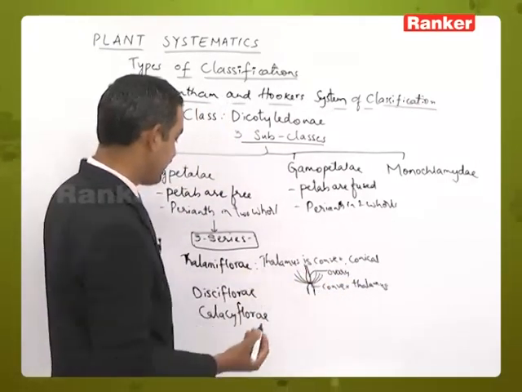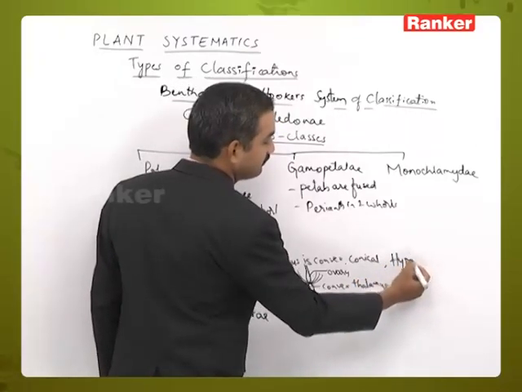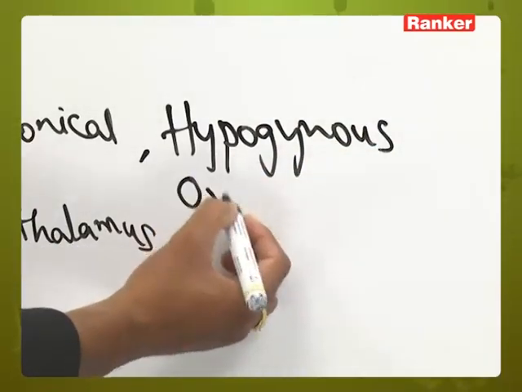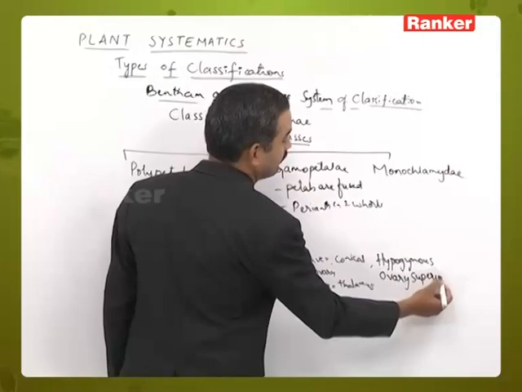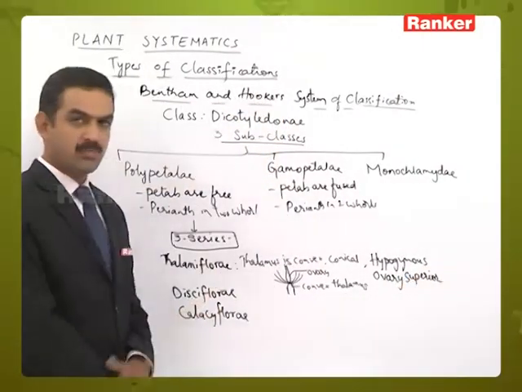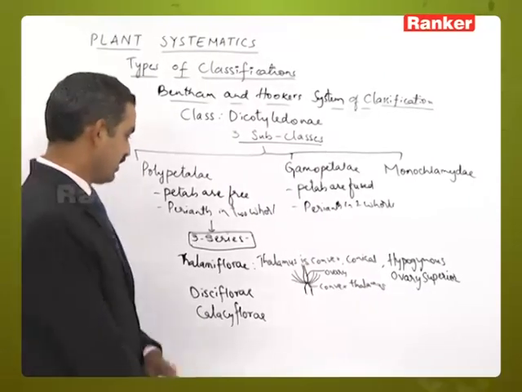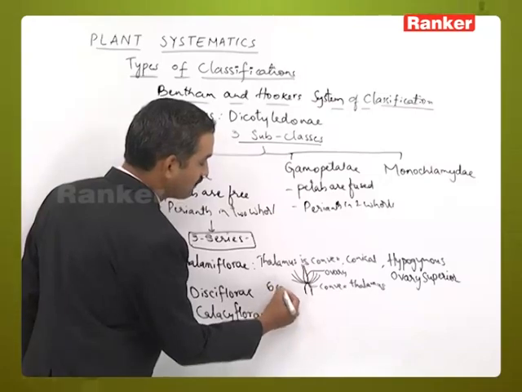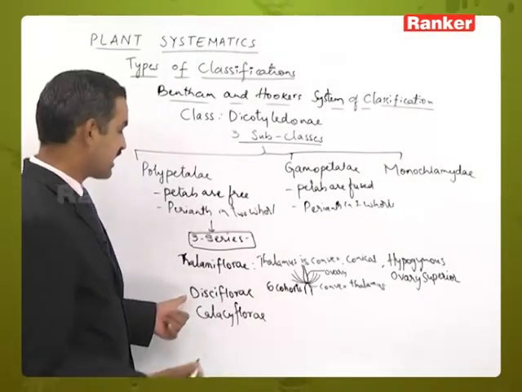So here in this condition, the flowers are hypogynous in their nature. When they are hypogynous, the ovary will be superior. So these are the characters that can be observed in members of Thalamiflorae series. So here Thalamiflorae contains 6 cohorts. Cohorts means orders.